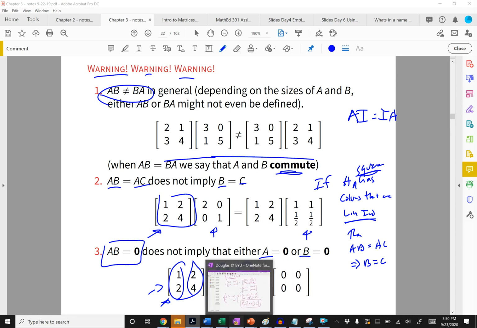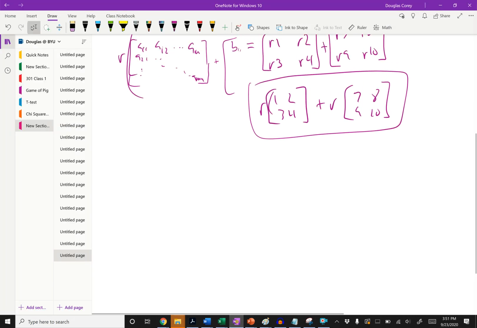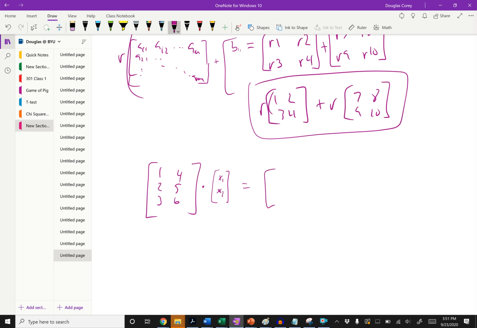Let me go back to my note page. If I have linearly independent columns and I multiply them by anything and get the zero matrix, say a 3 by 2 times a 2 by 1, I end up with a 3 by 1.